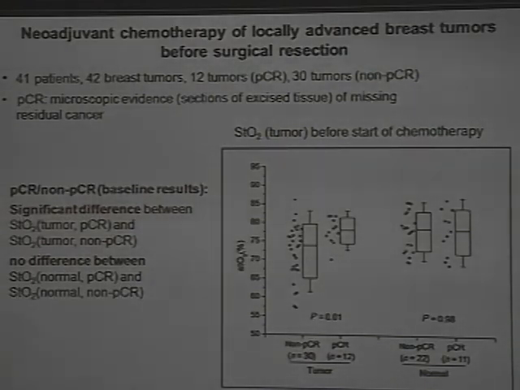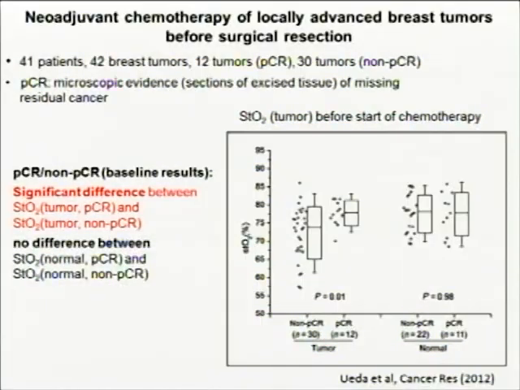A group in the United States has carried out a small clinical trial involving 41 breast cancer patients, 42 breast cancers, and the breast cancers were so large you couldn't operate them. And these patients underwent chemotherapy to shrink the tumors prior to surgery. And after surgery, the excised material was examined by pathology for residual disease.